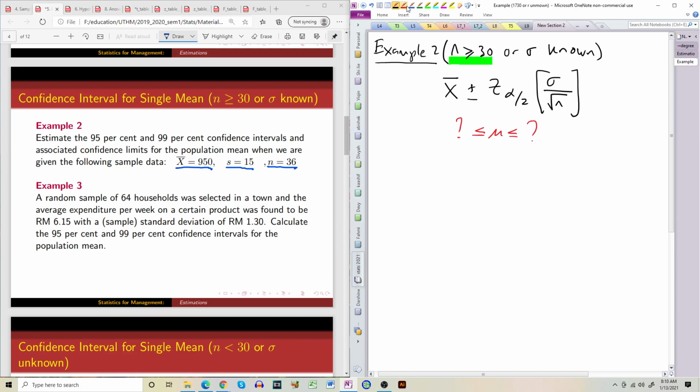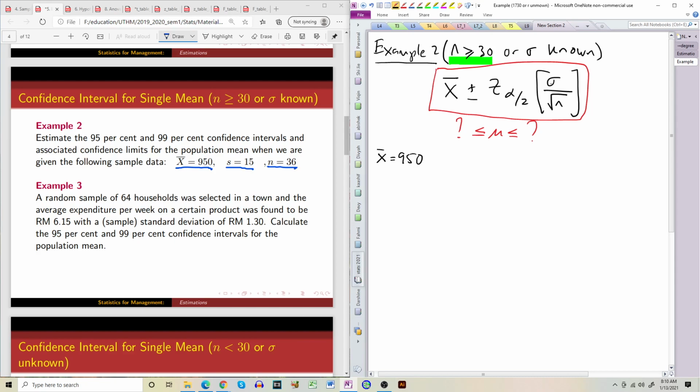We are going to see one by one. My x bar is 950. In this case, the formula is sigma here. The formula is sigma, but sigma is the standard deviation of the population.